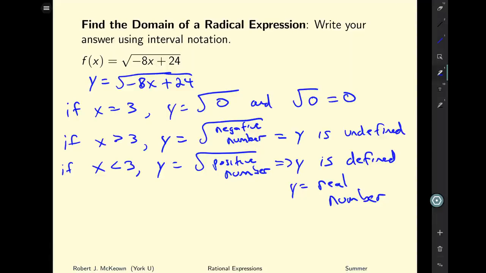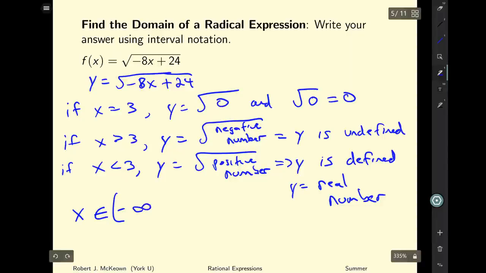So by just looking at the expression and making sure that I'm not taking the square root of a negative number, I know what the domain of this function is. In interval notation, any number less than 3 will give us a positive value under the root, so I can go all the way to negative infinity.